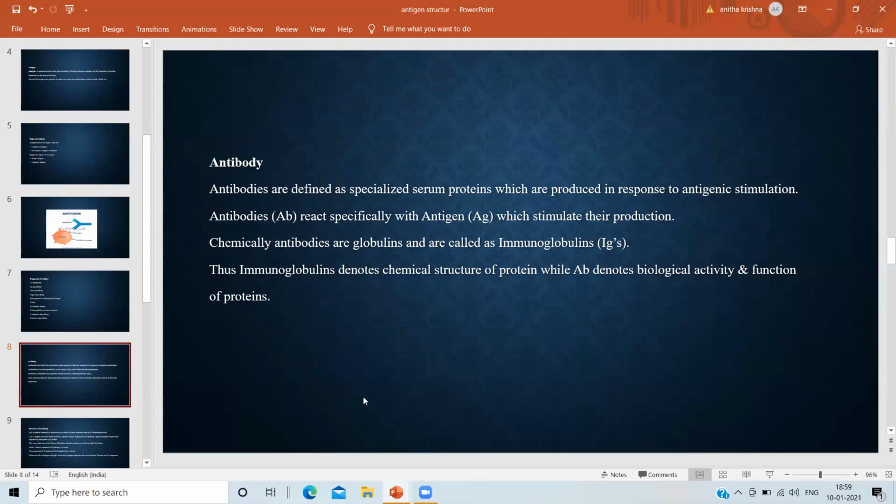Immunoglobulins are synthesized by plasma cells, and in some tissues by lymphocytes also, which are nothing but B lymphocytes.